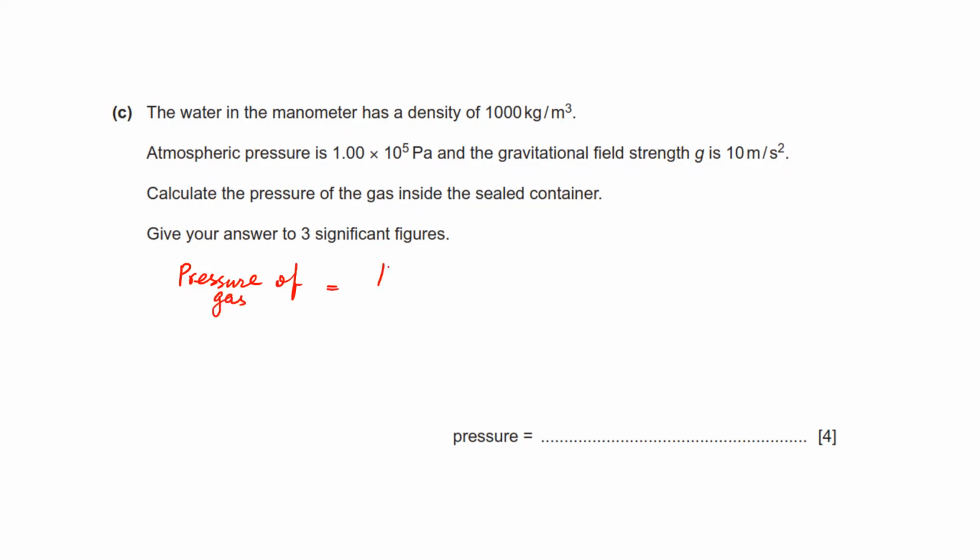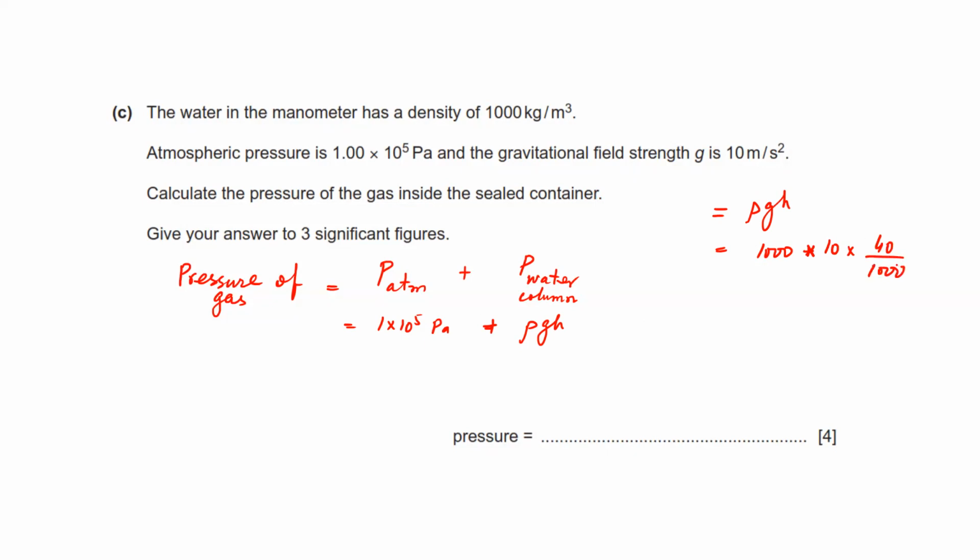is equal to atmospheric pressure plus pressure of the water column. So atmospheric pressure is 1 into 10 to the power 5 pascals, plus rho g h. So rho g h will be 1000 multiplied by 10 into height, which was 40 divided by 100.